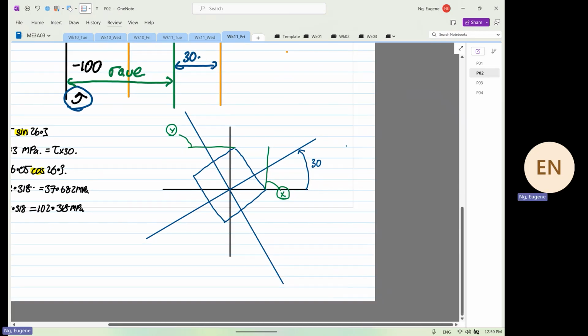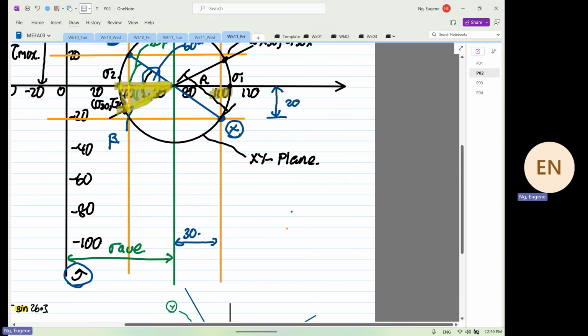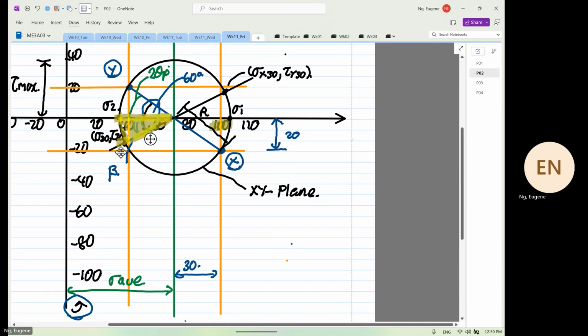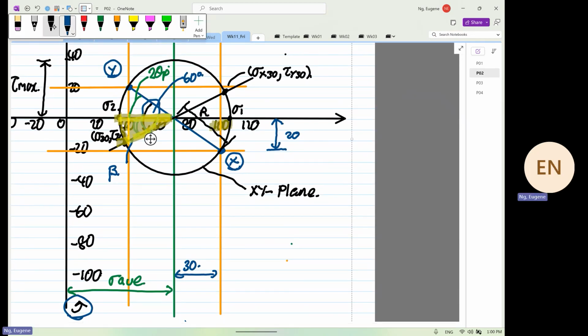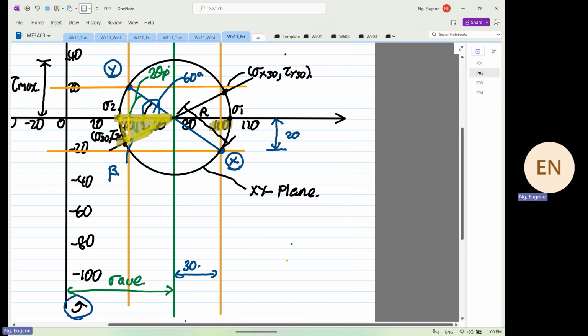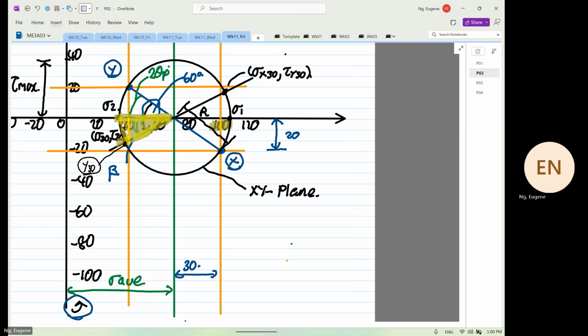So now we know that Y, so this point over here is our Y30. Yes or no? So from here, going to this point over here, can you also label this point? In fact, it is our Y30 point, right? And this point over here is also our X.